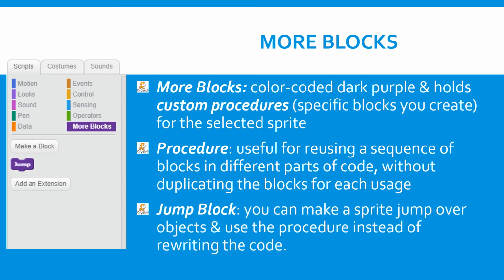An example of a procedure is your jump block. You can make a sprite jump over objects and call on the procedure every time you need a sprite to jump rather than rewriting the code.